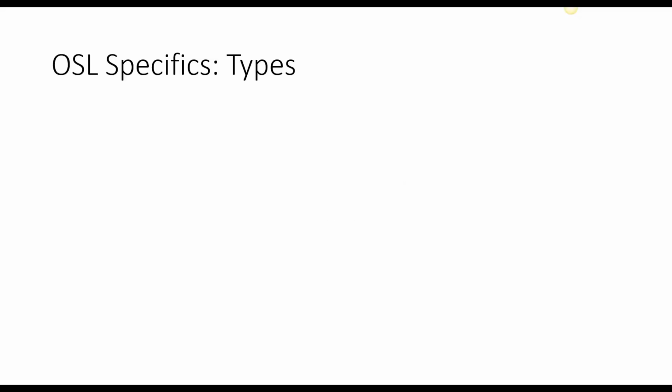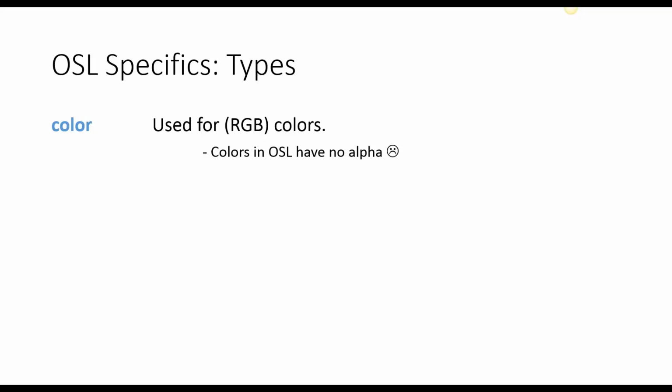And here we go. In OSL we have a few specific data types you don't find in languages that don't deal with shading. And the most obvious one is color. We're going to be dealing a lot with color because that's the whole point, generating pretty colors. Now, colors in OSL do not have an alpha, they are RGB colors. And the values are in the 0 to 1 range, 0 being black and 1 being white.